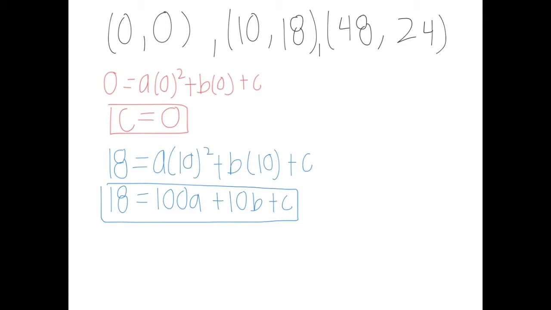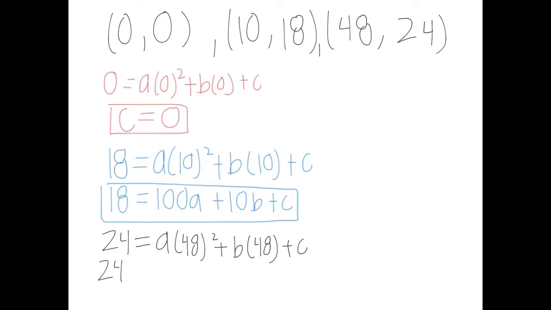And for the final point, we have 24 equals a times 48 squared plus 48b plus c. That simplifies to 24 equals 2,304a plus 48b plus c.